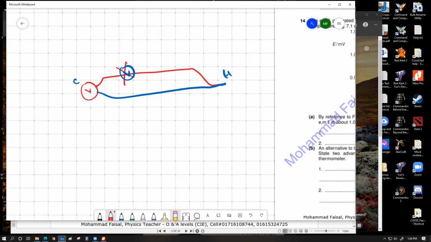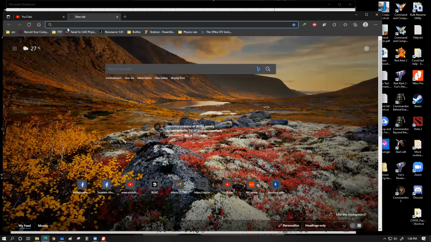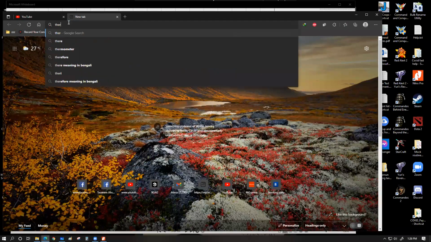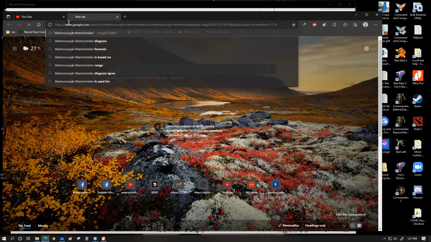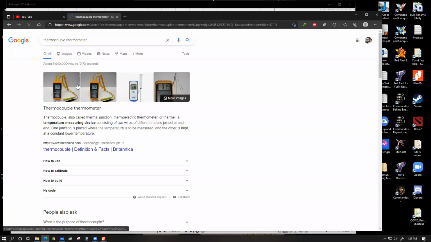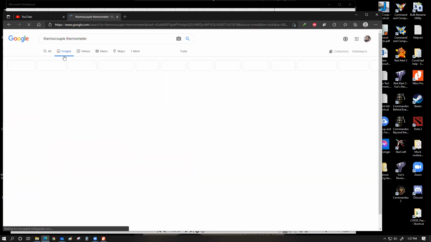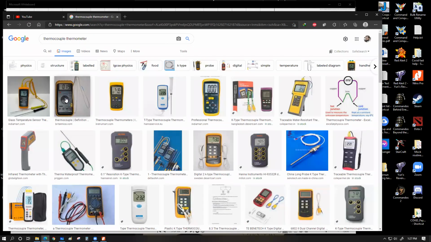Now, a typical thermocouple thermometer looks like this. Let me just show you one of the images. Yeah, for example, this one.